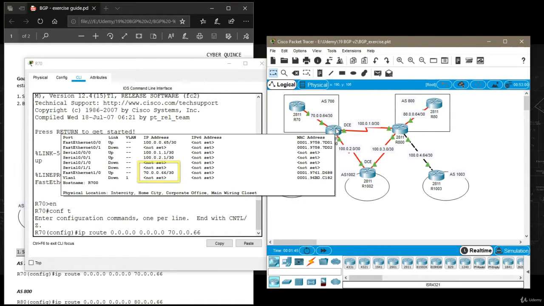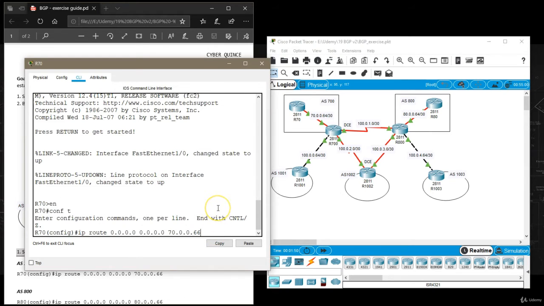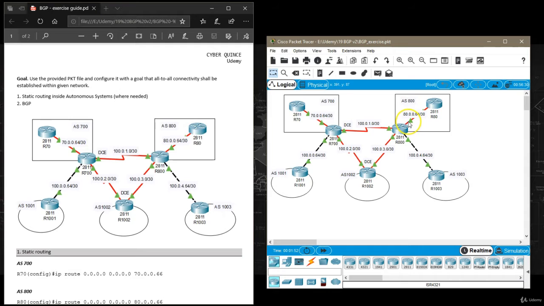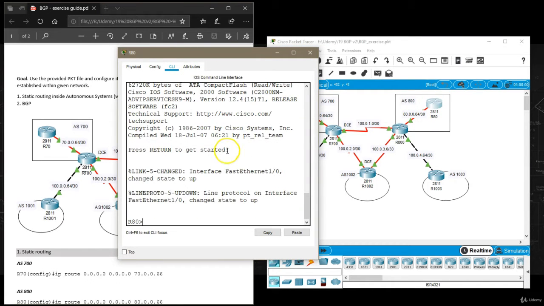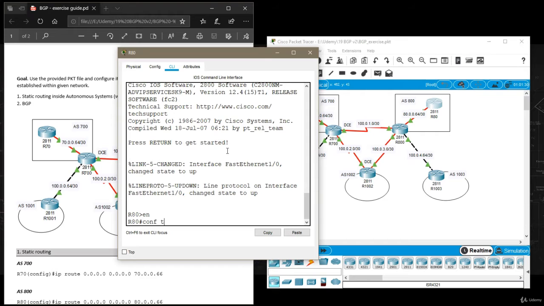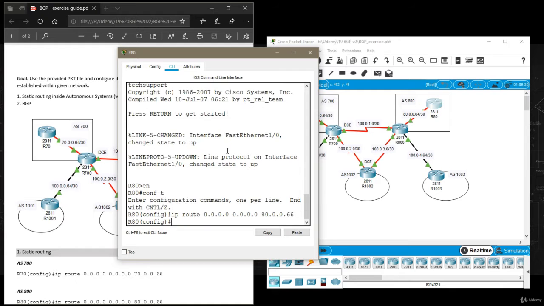On router 700, yep, it's 70.0.0.66. We're going to do the same thing on router 80. Enable, configure terminal, ip route, all zeros. And then the next hop IP is 80.0.0.66.